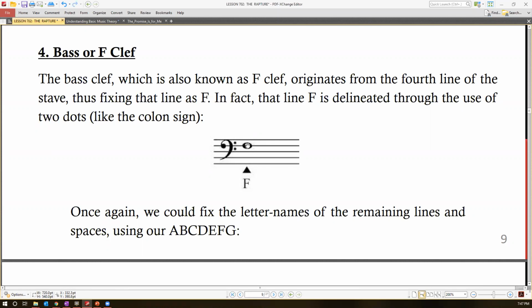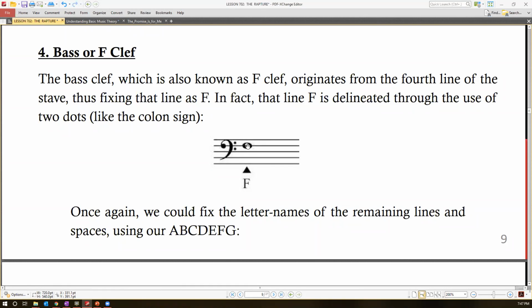It's called an F clef because by default a bass clef is wrapped around that line, so that's our F. If we now want to run our alphabet going up from F, we say G on the space, and then A will be on that line.